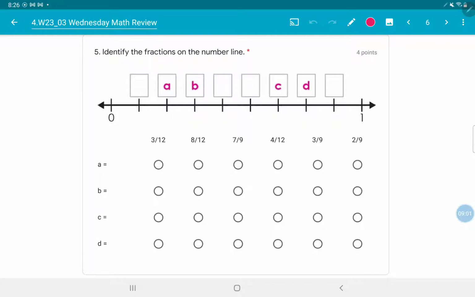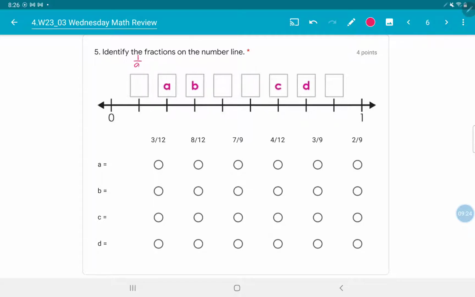1, 2, 3, 4, 5, 6, 7, 8, 9. So our number line is broken up into what size pieces? Ninths, exactly. So we could go through and we could label them.